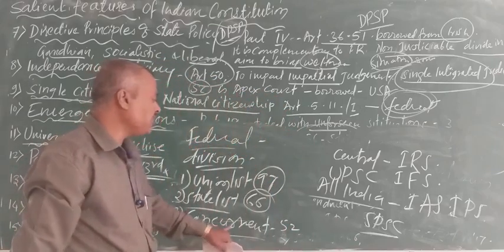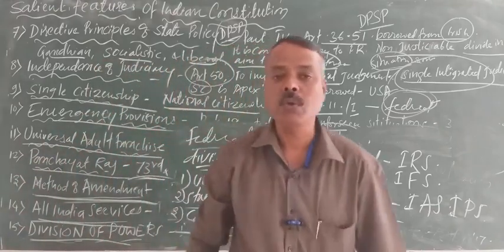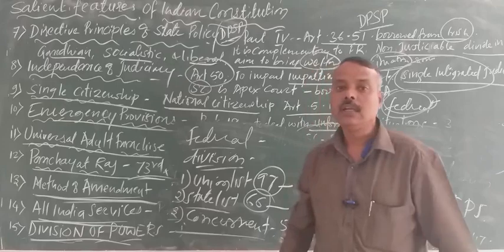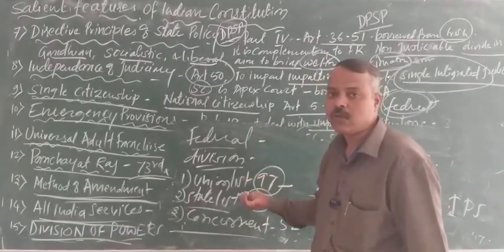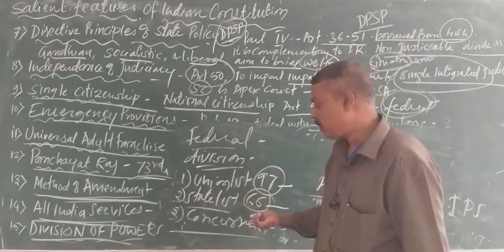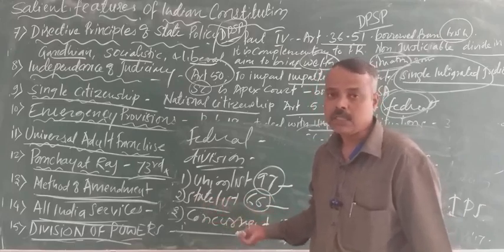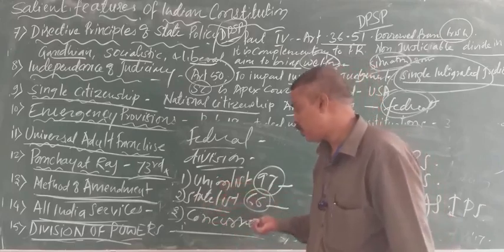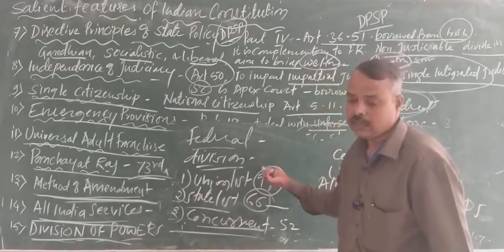In this list, both the center and the state governments have the power to make laws and take decisions. For example, education: both governments can make laws on education. Criminal laws, divorce, marriage, agriculture, and all such subjects where both governments can make laws and take decisions.